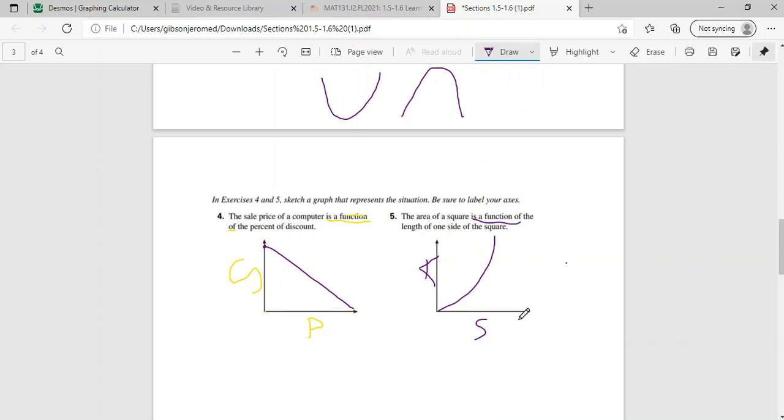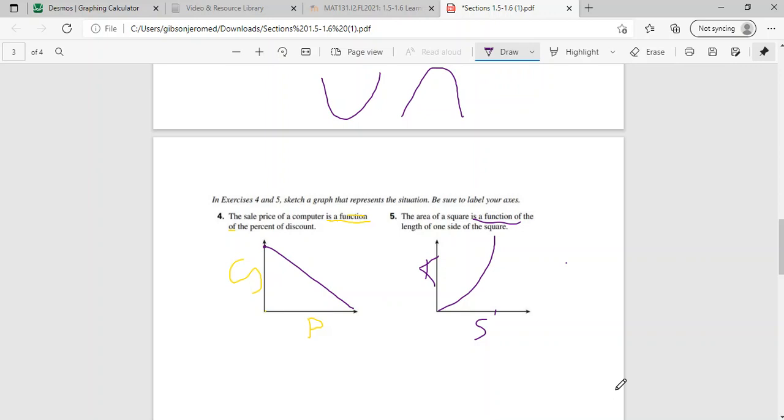If the side is 9, you would take 9 times 9, and that would be the area. So basically here, if this was 9, you see how much higher this is up here? That's because it's going to be multiplied by itself. Does everyone follow that? So these are some representations of the graph.